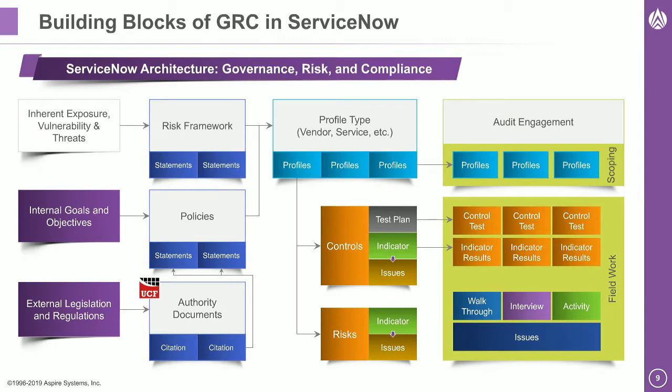And with an understanding of these controls and risks, the next step would be associating the indicators, key risk indicators and control indicators. Control indicators monitor the performance of the control over a period of time.